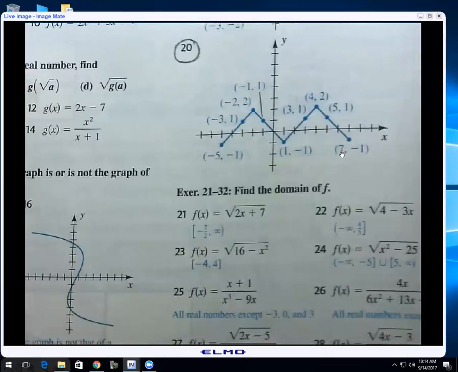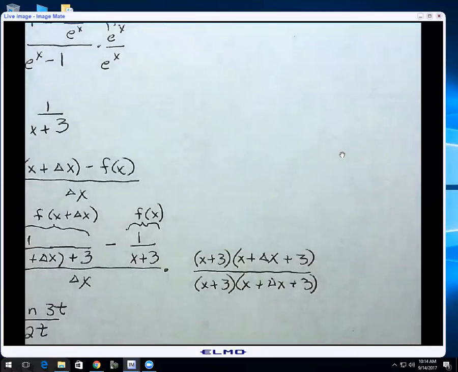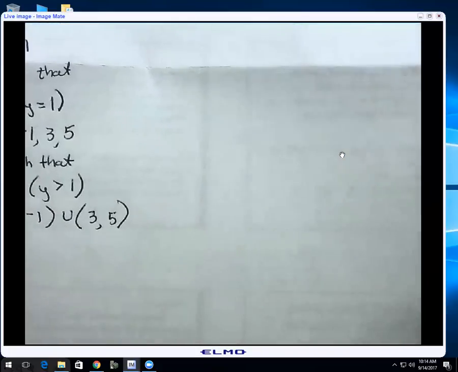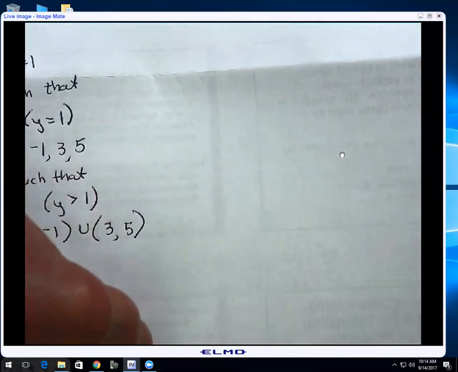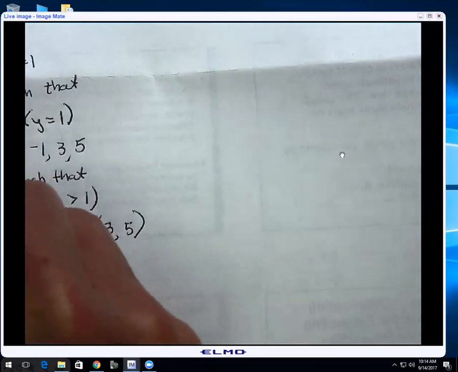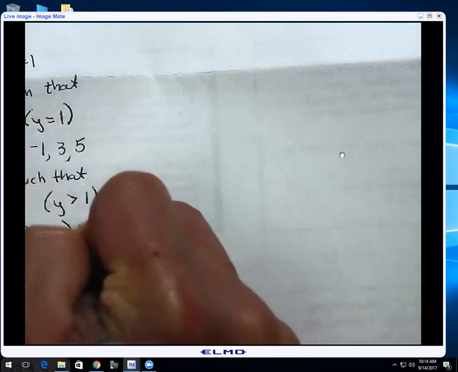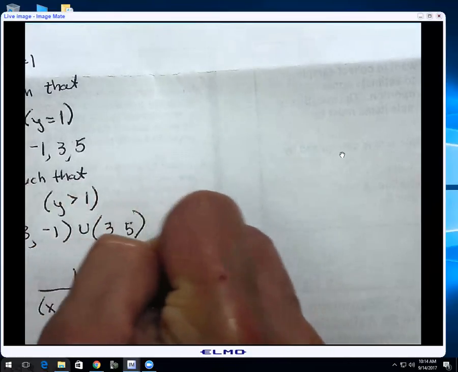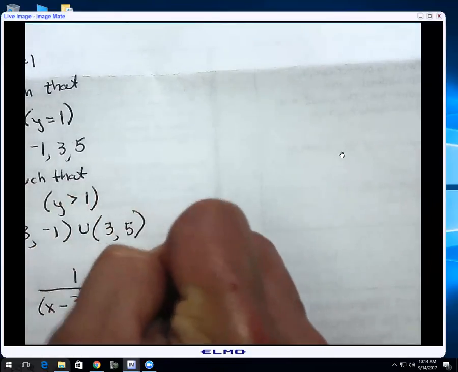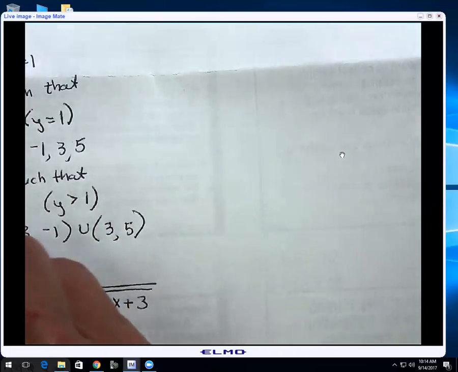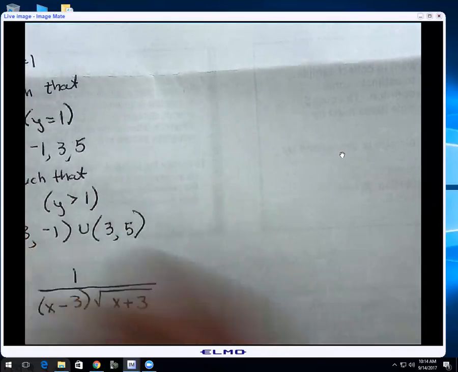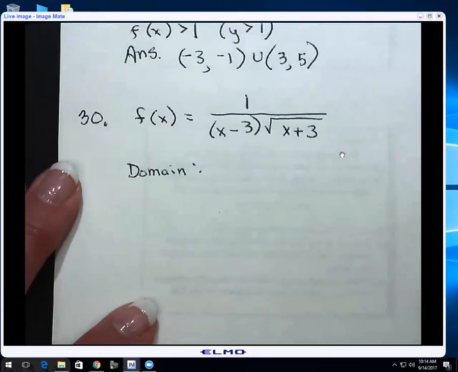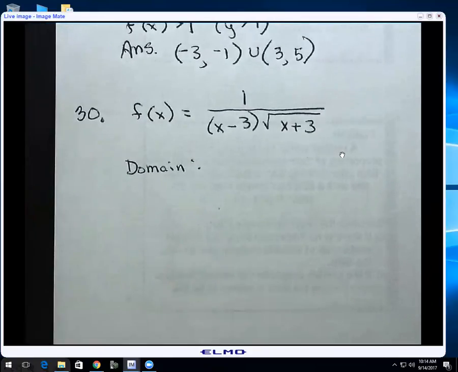All right, so number 20 was interpreting a graph. Number 30 says find the domain. What does find the domain mean?